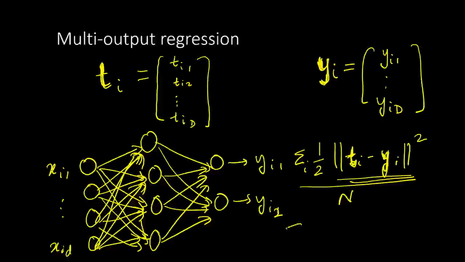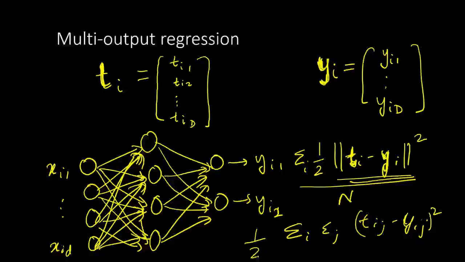In some sense you can think of it as the sum over i, sum over j of Tij minus Yij squared, with a half here, and we divide this by both n and d. That is the equivalent of mean square error in multi-dimensional regression output.